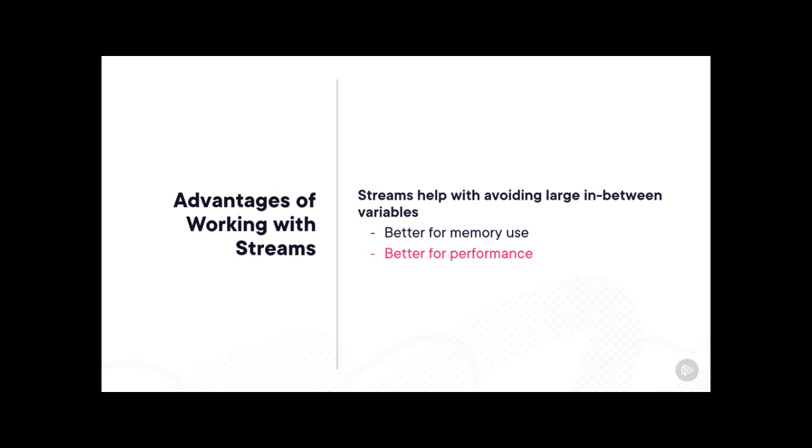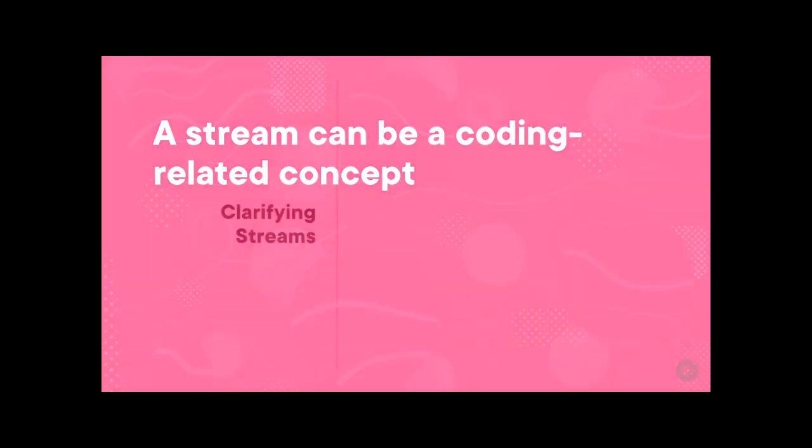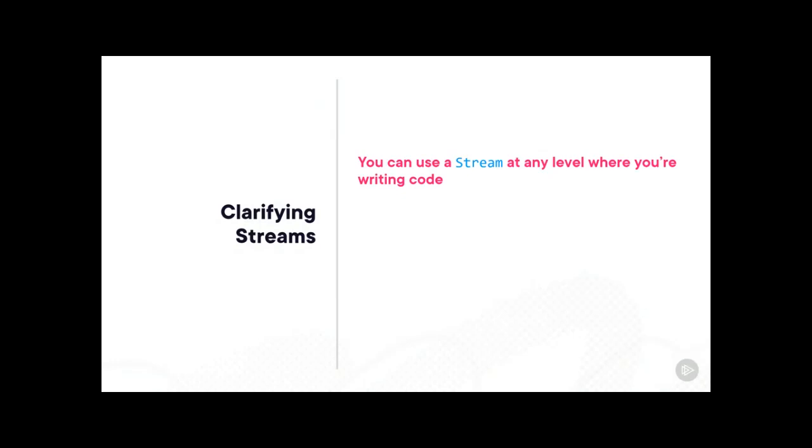But before we continue, let me clear up a bit of potential confusion surrounding the word stream. The stream I'm talking about at this moment, well, that is that abstraction provided by us via the stream class. It's a coding concept that abstracts a sequence of bytes. This can be used anywhere where you're writing code.